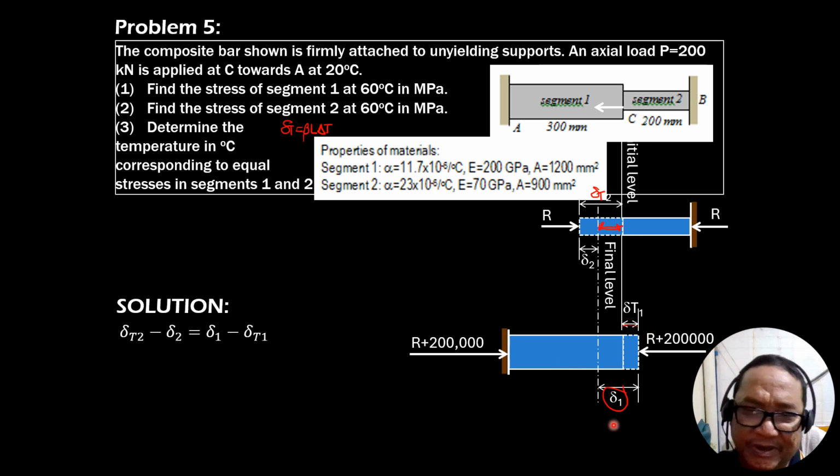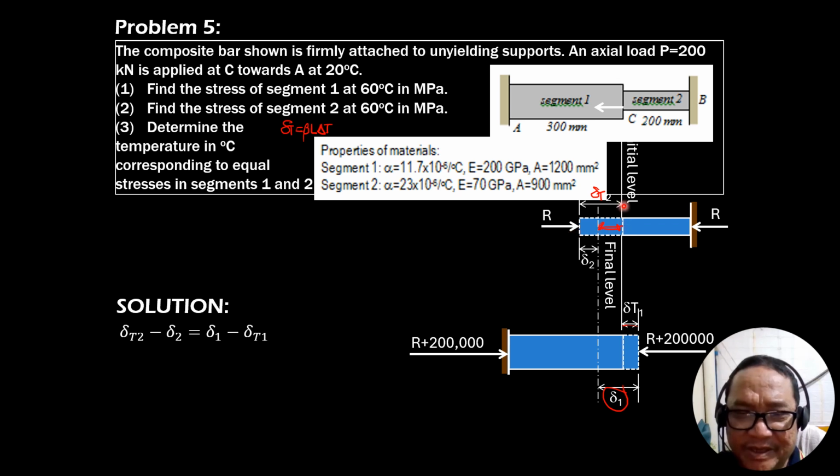So the principle, remember, is from the initial level of the bar, we allow it to either expand or contract. In this case, we allow it to expand that way. So it pushes segment 1, and because it pushes segment 1, the type of stress that will develop is compression.